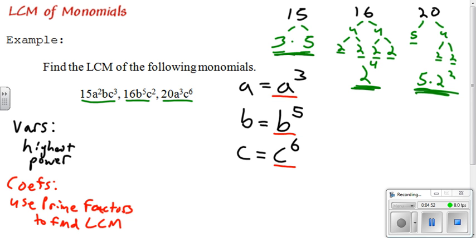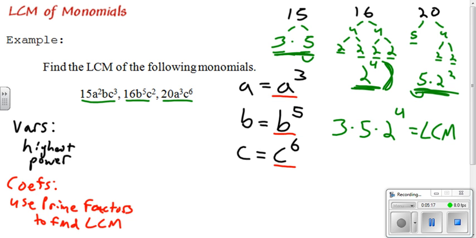So it looks like we have a 3 that we need there. We have a 5 found here and here, and in each case, it's only 5 to the first power, so that's all we need. We also have a 2, and the highest power of 2 is over here. It's our 2 to the 4th. So it would be 3 times 5 times 2 to the 4th is going to be our least common multiple of the coefficients.